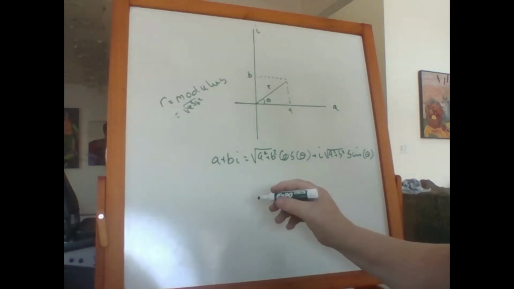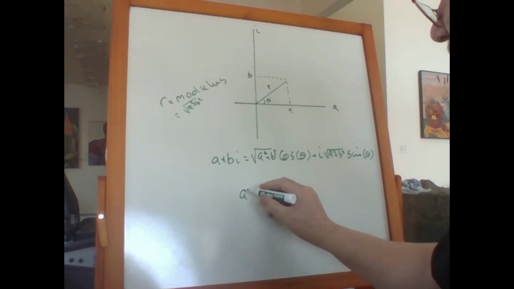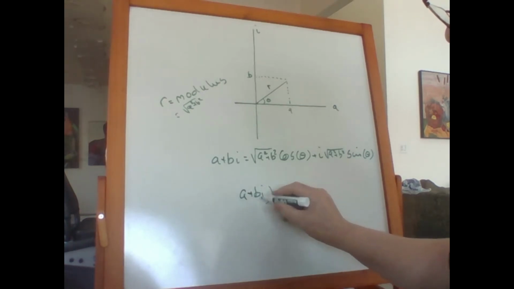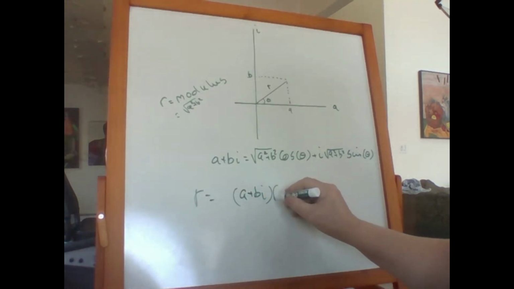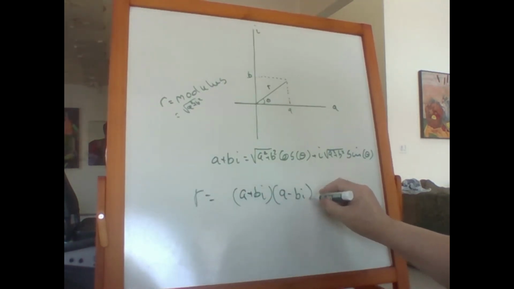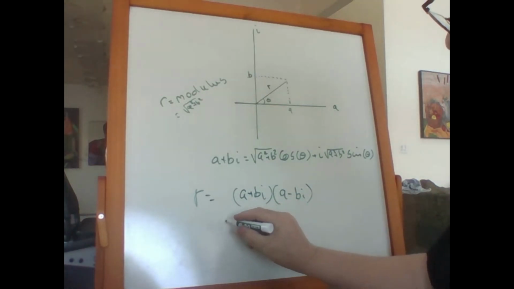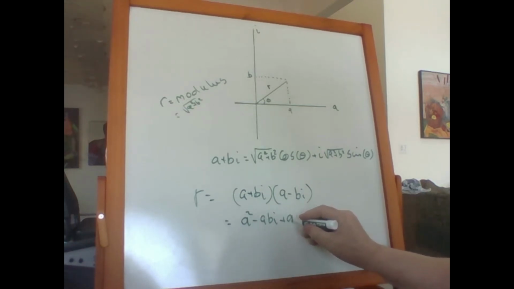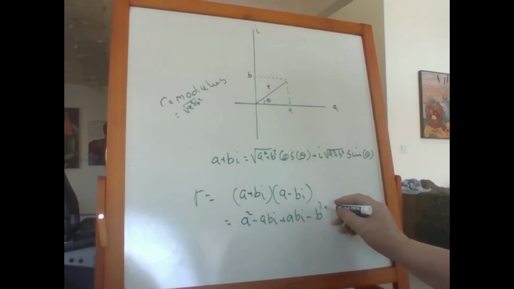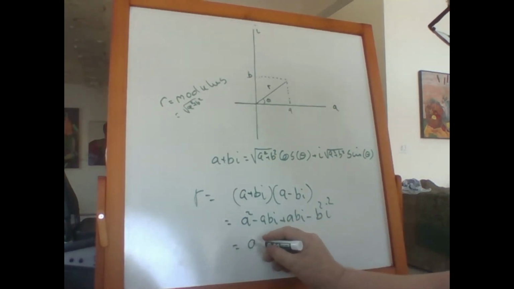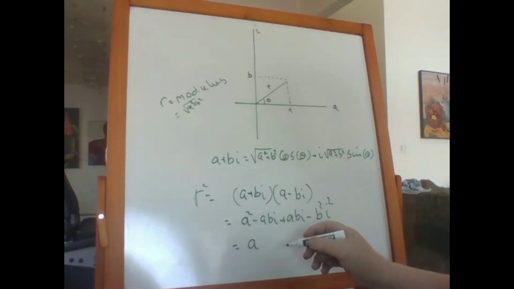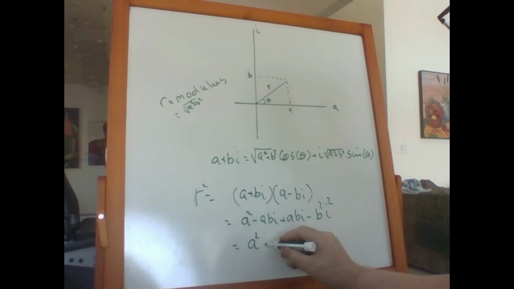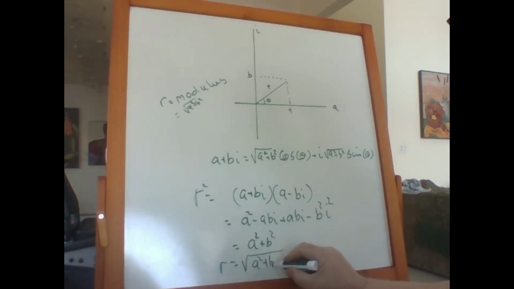But we also recognize that R, the modulus, is also R squared equals the conjugates multiplied by each other. So we have a squared minus abi plus abi minus b squared I squared, and that's equal to r squared, a squared plus b squared, and r equals the square root of a squared plus b squared.